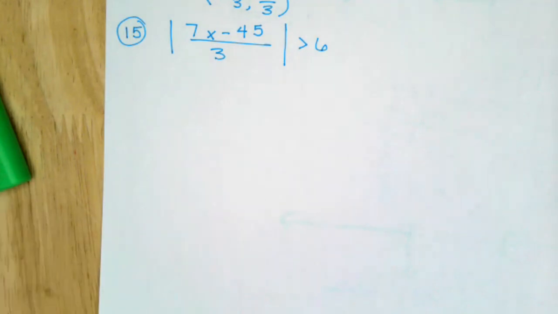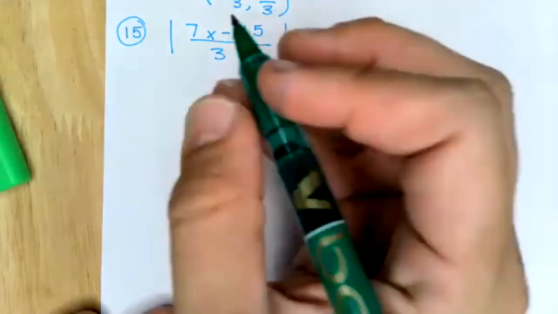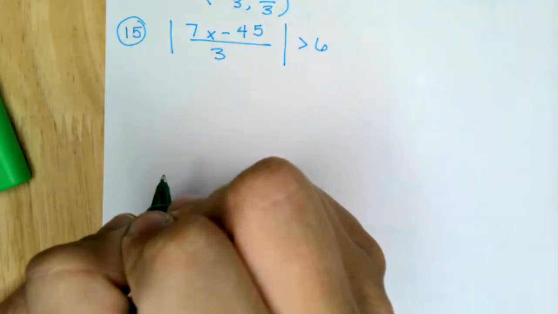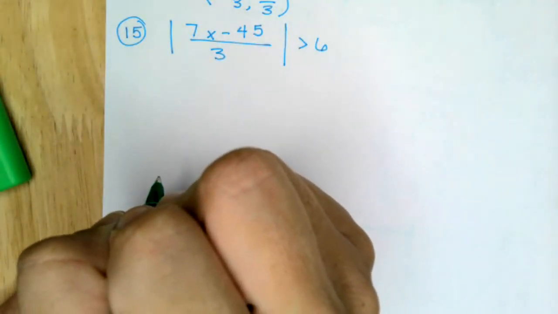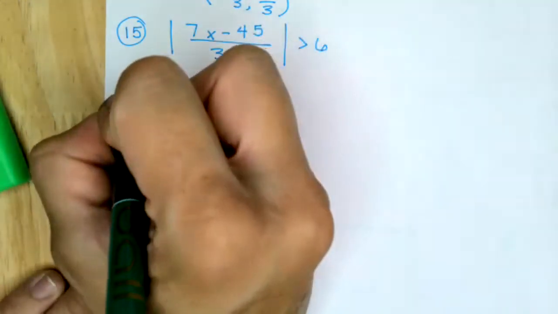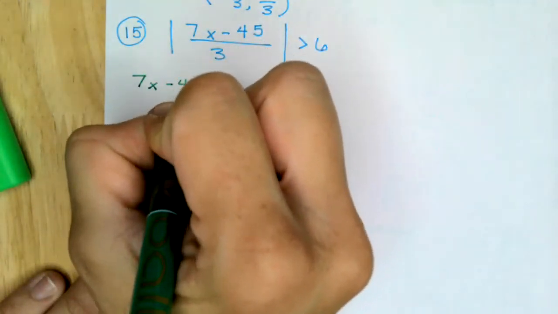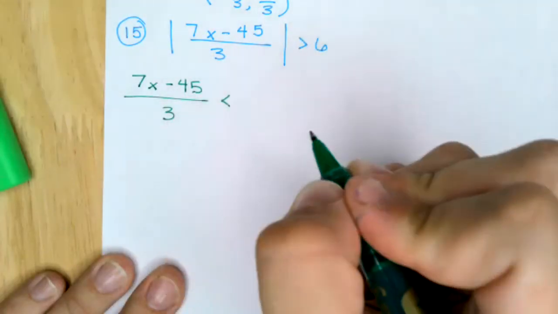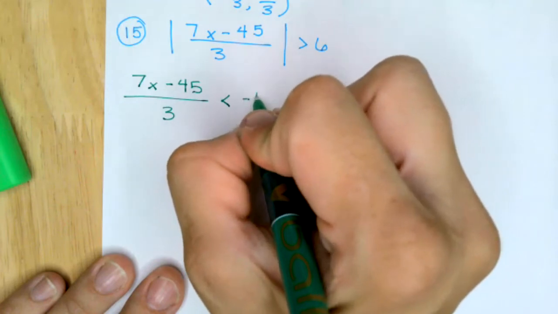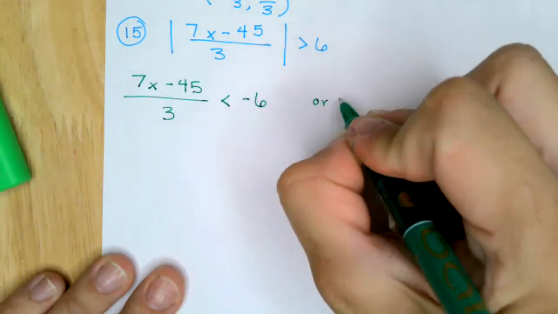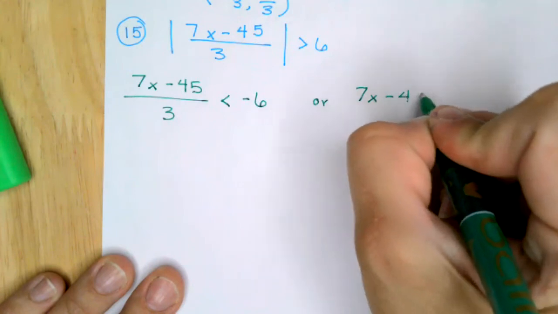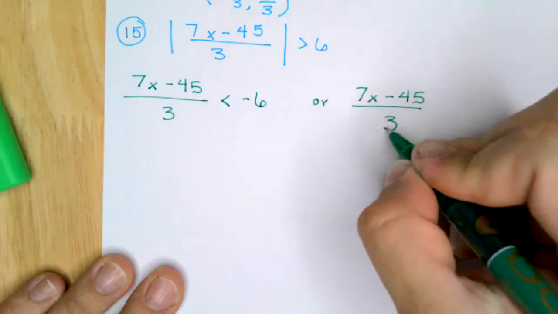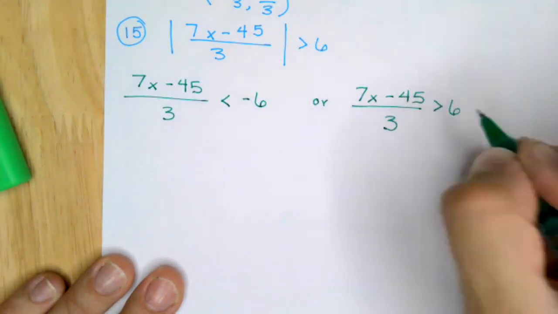All right. So I chose this one because it has a fraction, right? So we need to clear the fractions. But it is isolated. So I can say 7x minus 45 over 3 is less than -6, or 7x minus 45 over 3 is greater than 6.